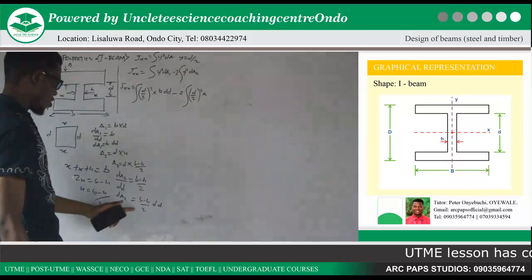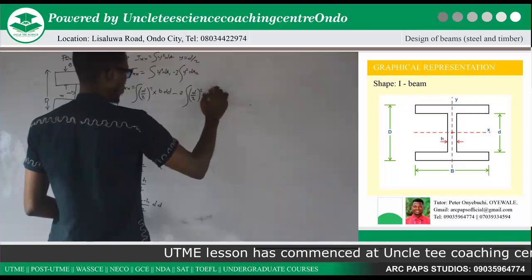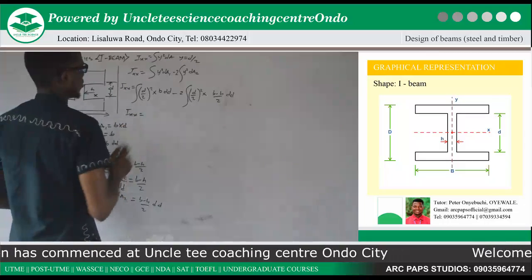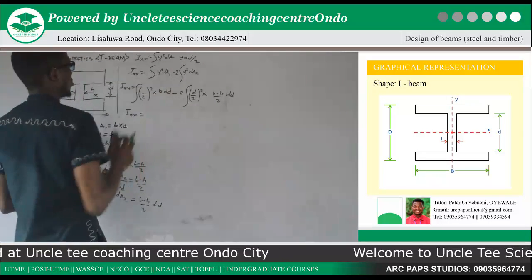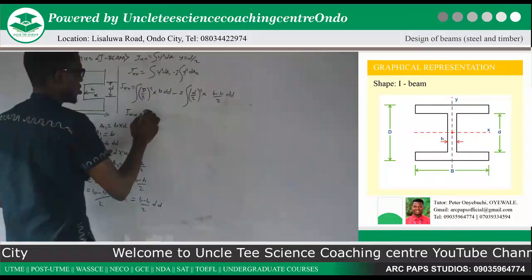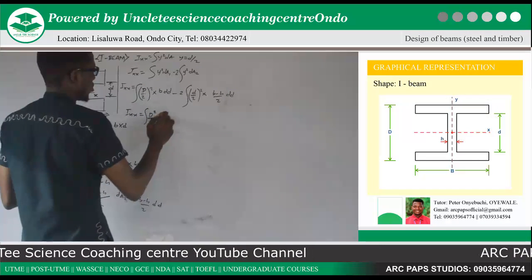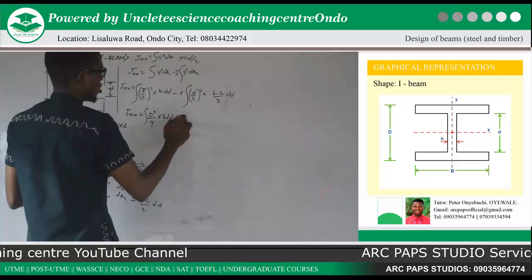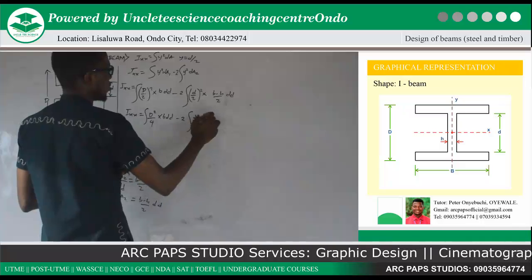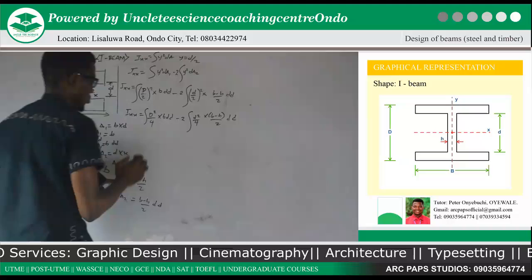Our dA2 is b minus h over 2 dD. Now it means our Ixx is equal to d squared over 4 times b dD minus 2 integral d squared over 4 times b minus h over 2 dD.